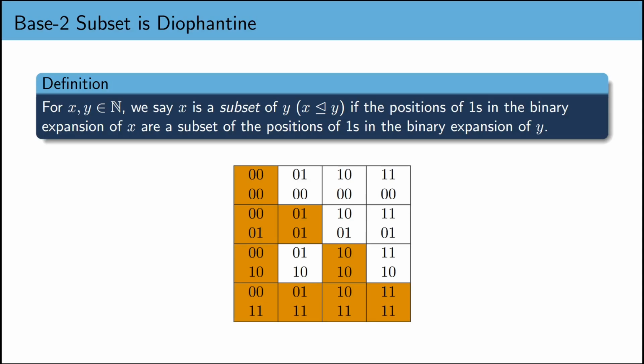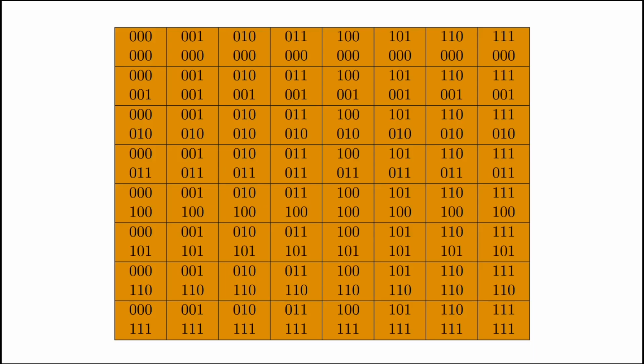If we plot out larger versions of this sort of diagram, we can see a pattern start to emerge. Here, I've plotted out all of the pairs of 3-digit binary numbers. Again, the x-coordinate is the top number, and these go from 0 to 7 across the cells, reading from left to right, and the y-coordinate is the bottom number, and these go from 0 to 7, reading from top to bottom.